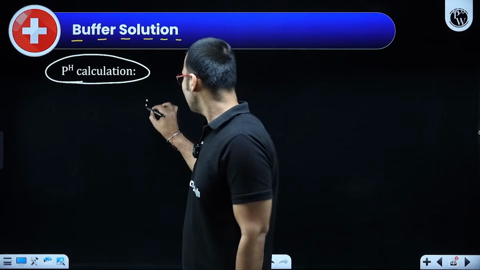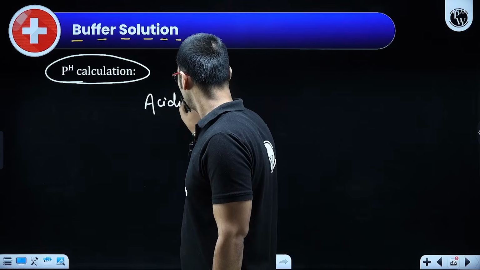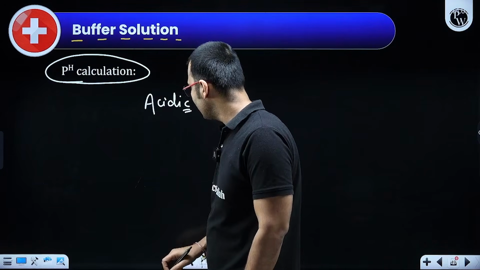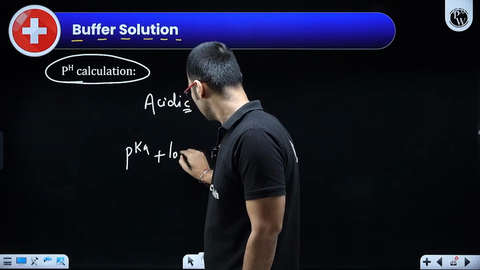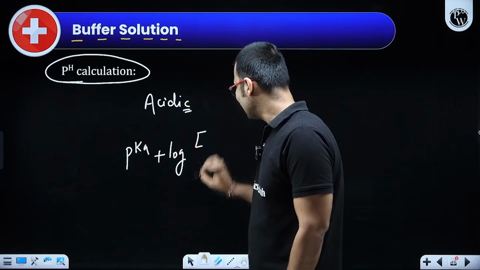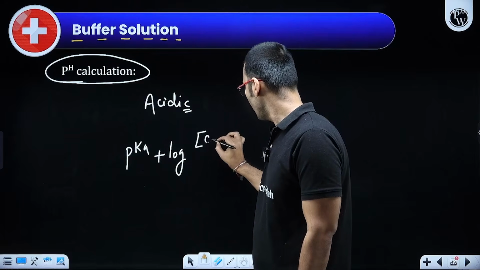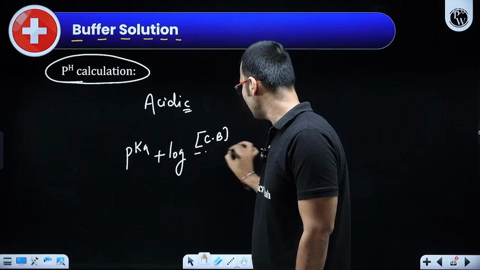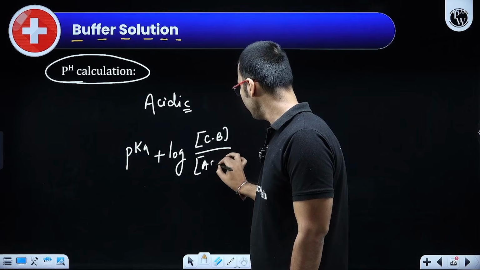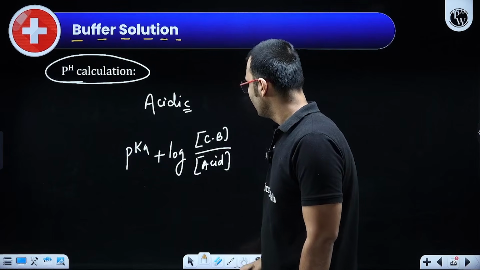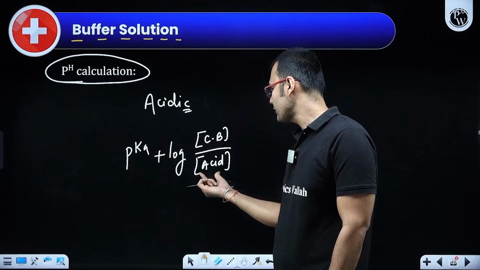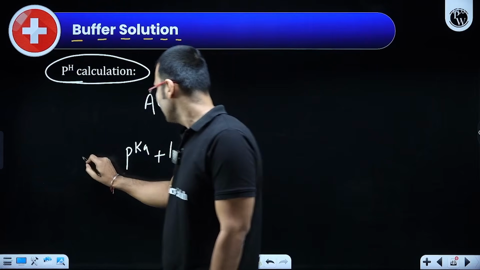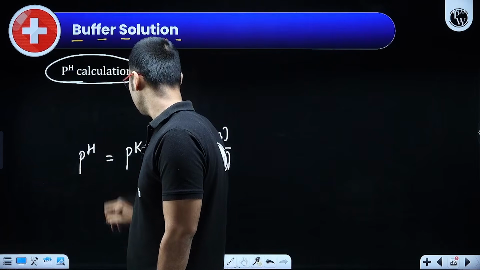In case of acidic buffer, you can write: pH equals pKa plus log of the concentration of conjugate base divided by the concentration of weak acid. This gives you the pH of the buffer solution.